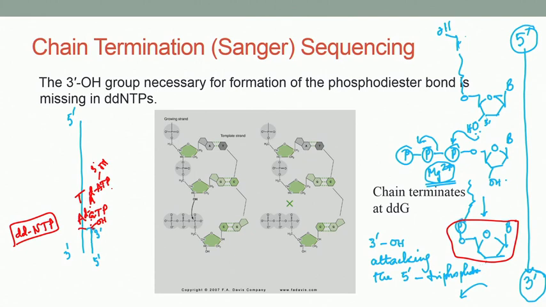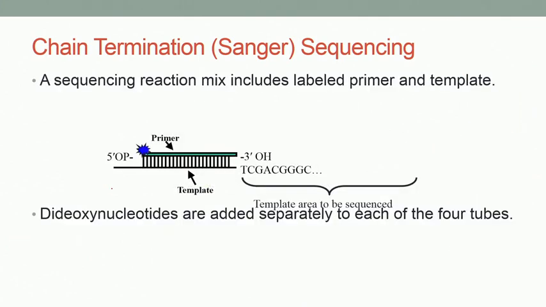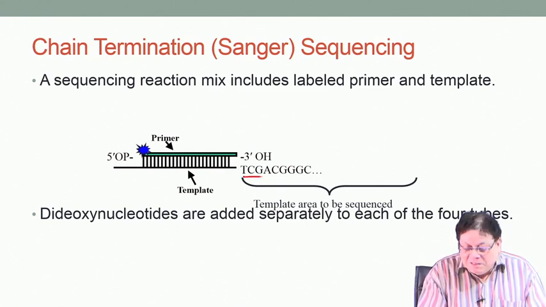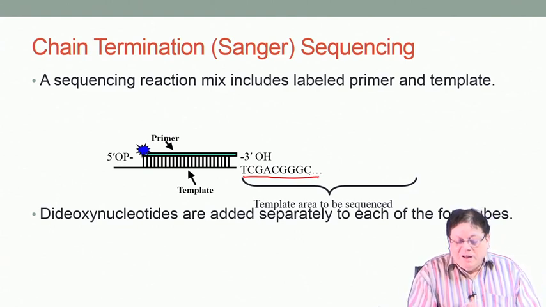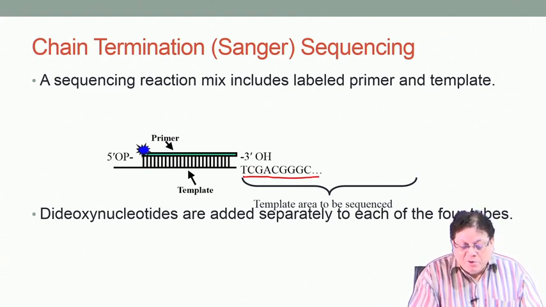Now, let us take an example, that will make it more clear. Let us see. So, suppose this is the DNA I want to sequence, and suppose this is the one which I need to know the base sequence.